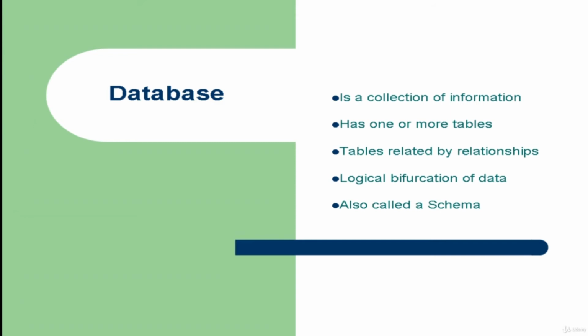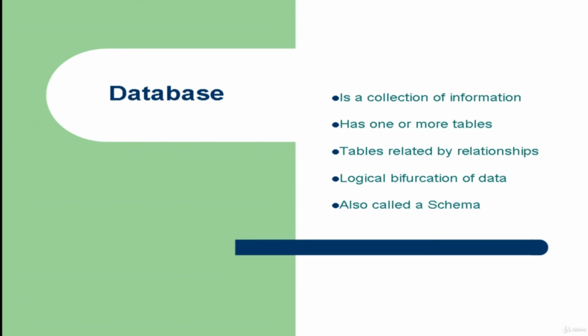A database is also called a schema. What does it have? A database has tables. It can have one or more tables, and these tables are related to each other. That's why it is called a relational database management system, in case of an RDBMS.